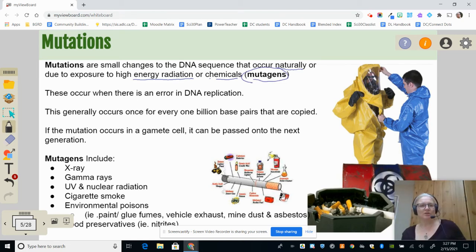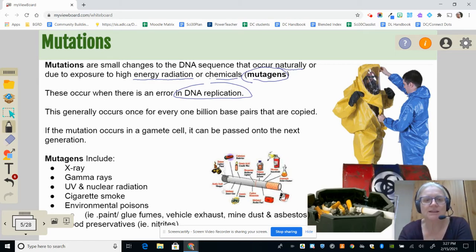These can occur when there's an error in DNA replication. Typically that's when you're going to get mutations, during replication. Every time you're replicating your DNA and bringing in those new base pairs, about every 1 billion base pairs, you're going to get a mutation. And you'll get more of them if there are mutagens in the picture as well.